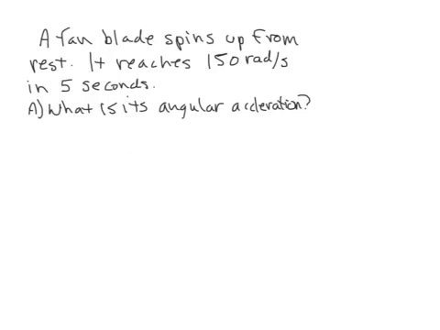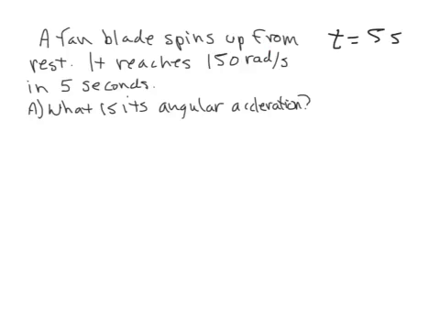So let's do an example. Here, a fan blade spins up from rest. It reaches 150 radians per second in 5 seconds. What is its angular acceleration? Right. And so, first of all, we can say that the time we're talking about here is 5 seconds, right?